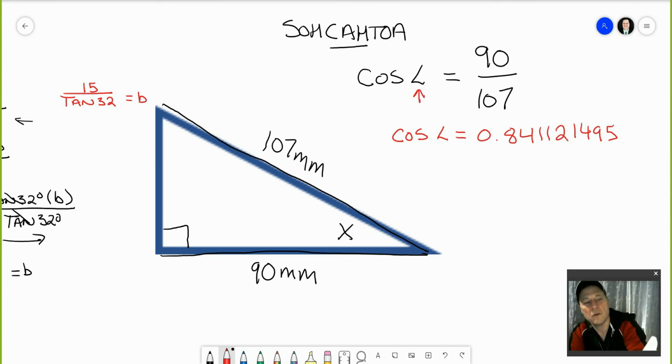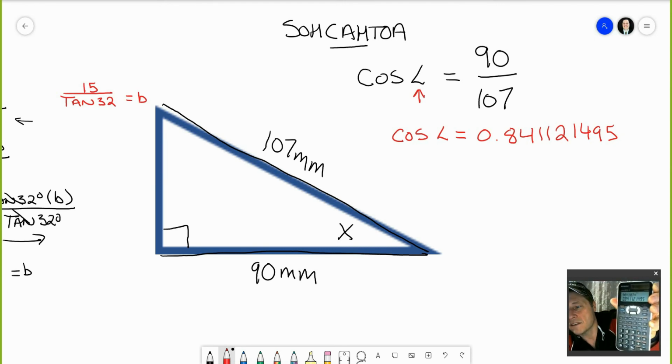Usually the top left corner, it'll say 2NDF. Oh, I'm sorry, I'm mirror image, so I'm struggling here. There. On yours it may say shift. What that does is it allows you to access the secondary menu, the orange functions on your calculator.